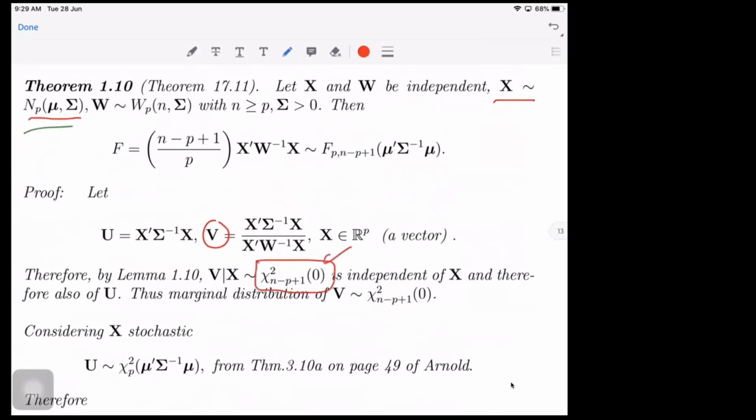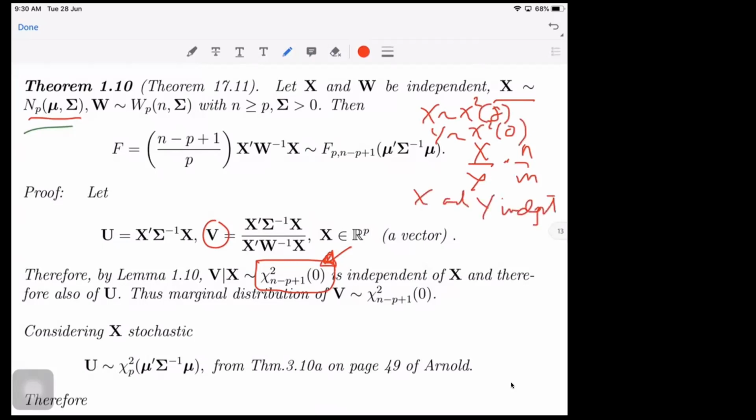An additional assumption for the F is that X over Y times N over M, where X is chi-square non-central and Y is chi-square central, is that X and Y should be independent for this to be F distributed.